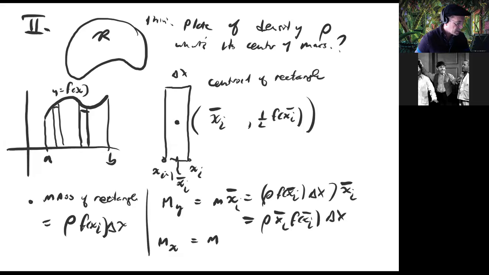It's given by a similar formula. It's going to be rho f of x_i bar delta x times y_i bar. Actually, that's not correct. I have to put a 1/2 f of x_i bar here.